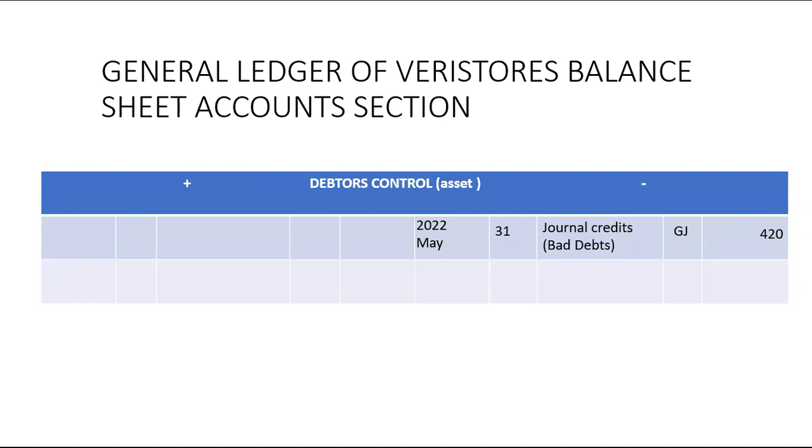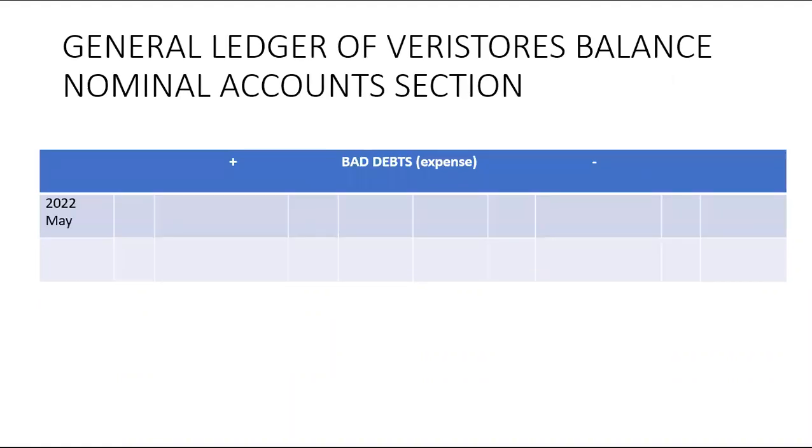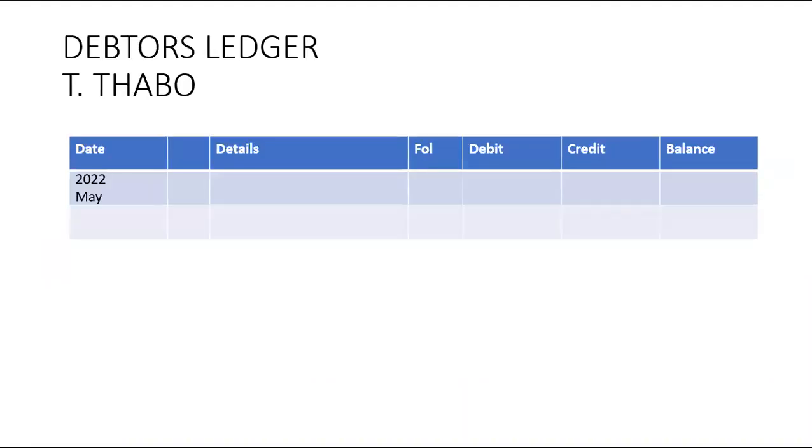Apologies. That is the correct amount. Debtors control decreased by 560. Bad debts will increase on the debit side because we are recognizing a loss, which is 560.